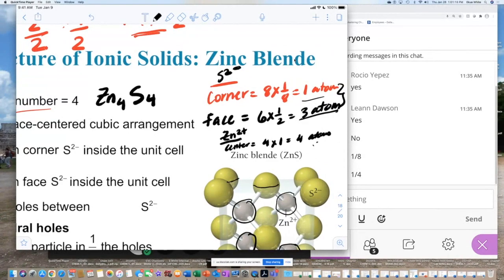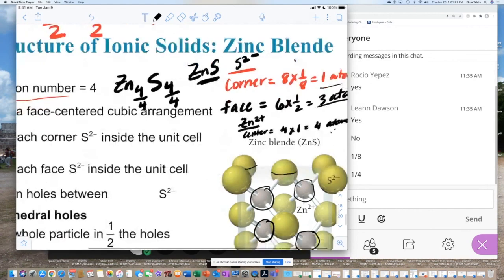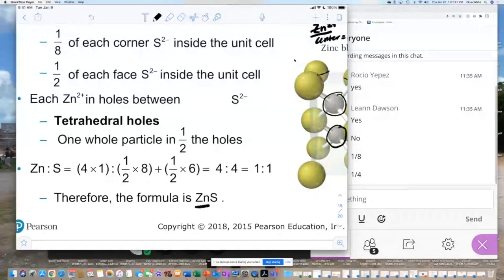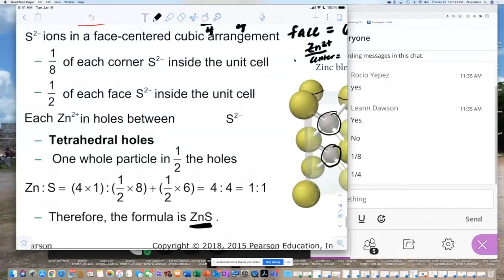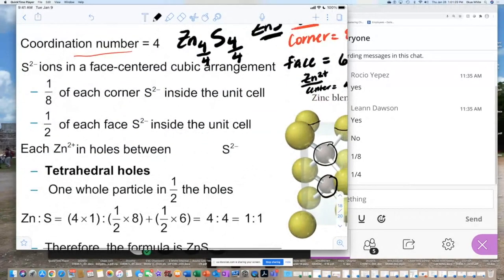Don't write the ions, just write the elements. Divide by 4, divide by 4. You end up with ZnS. And that is the empirical formula. You're dividing by the greatest common factor to get the simplest ratio, 1-to-1, right?